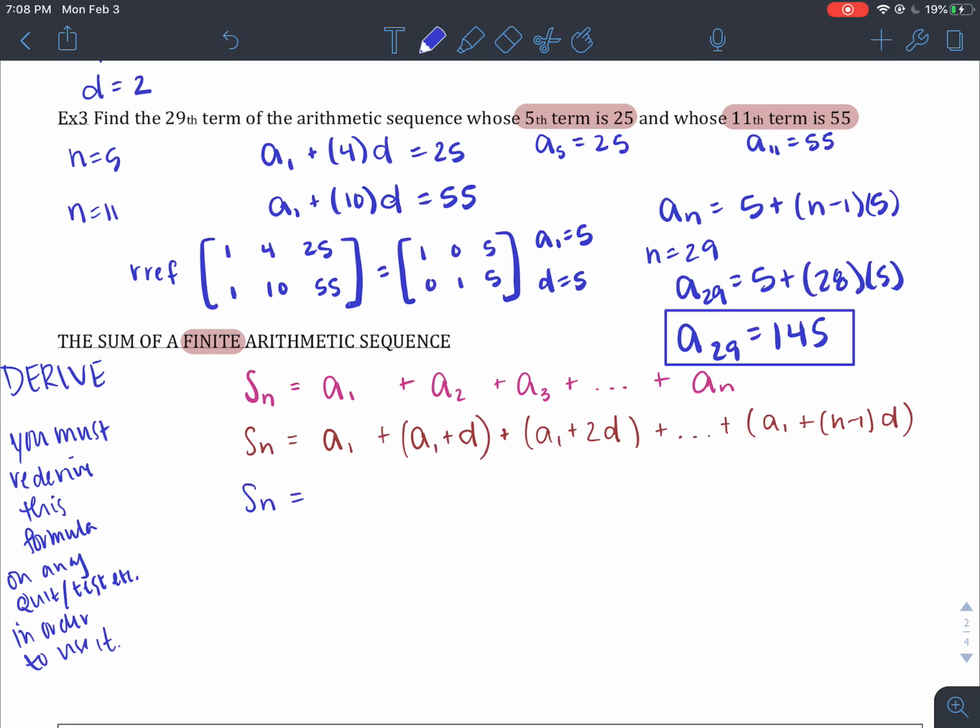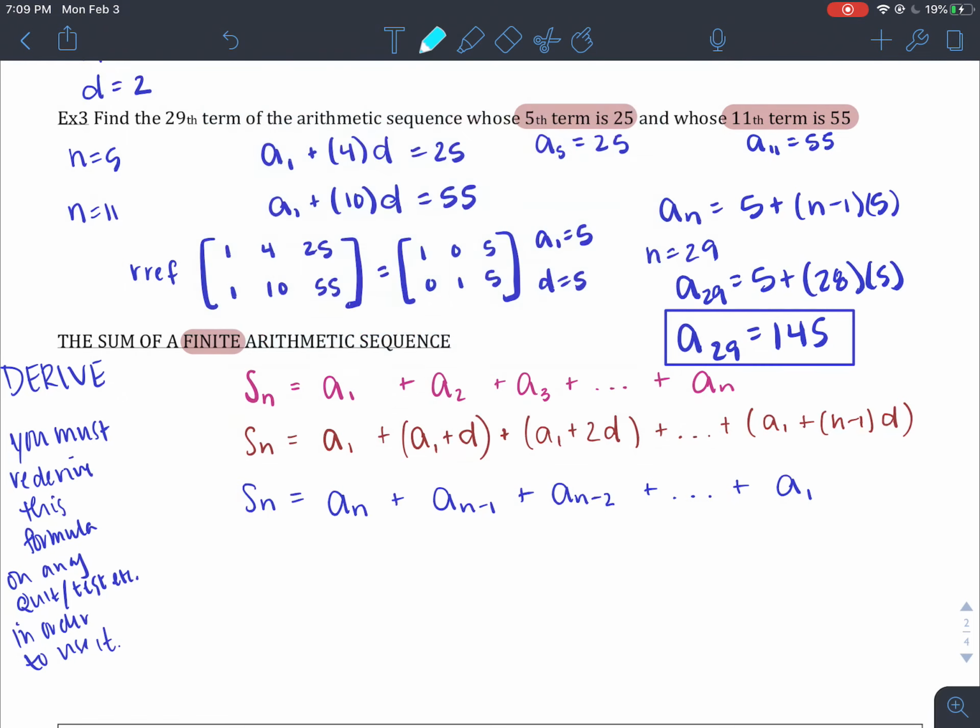So when I rewrite this partial sum, I'm going to start with a sub n. Then we add a sub n minus 1, the term right before it, and then a sub n minus 2, and then we go all the way out to a sub 1. So a sub 1 is at the end of our list instead of at the beginning. It's okay. Addition doesn't care about order. That's the commutative property. It's a wonderful property.